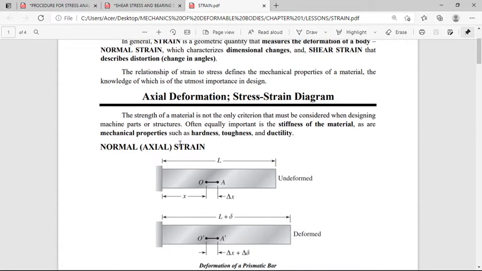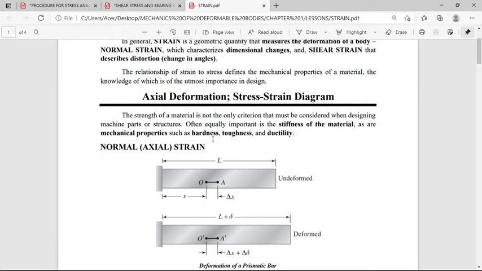So, the strength of a material is not the only criterion that must be considered when designing machine parts or structures. Hindi lang yung strength, hindi lang yung capacity niya, or yung loads na kaya niyang dalhin. Often equally important, or mas importante rin daw, na kino-consider is yung una, stiffness of the material or yung katigasan ng material.